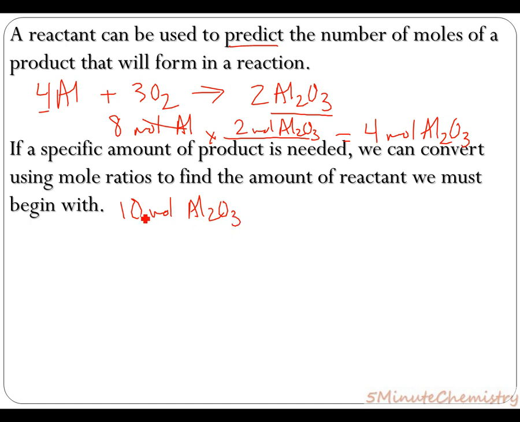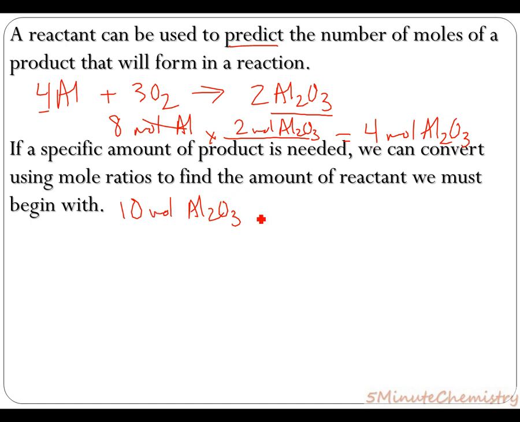Our goal is to produce this much. We'll look again at our reaction and see we've got a 2 mole aluminum oxide figure here. Now, what I would want to do is determine how much of each reactant we need. So the first conversion is going to find the aluminum needed.